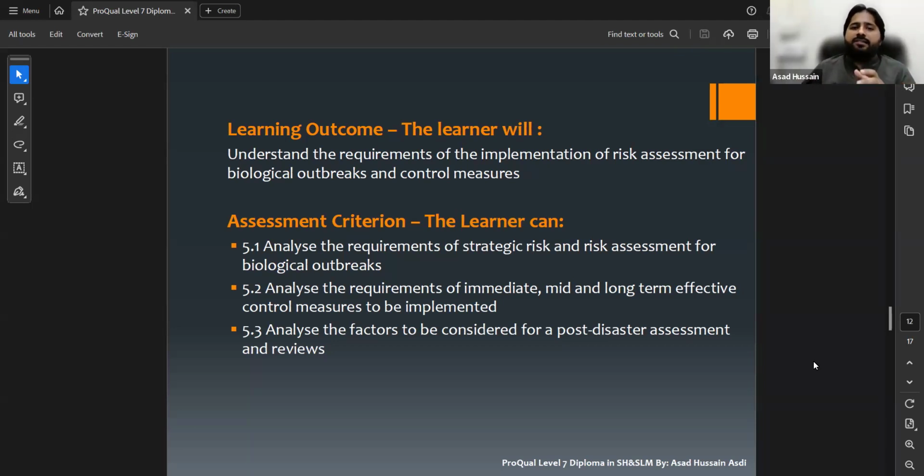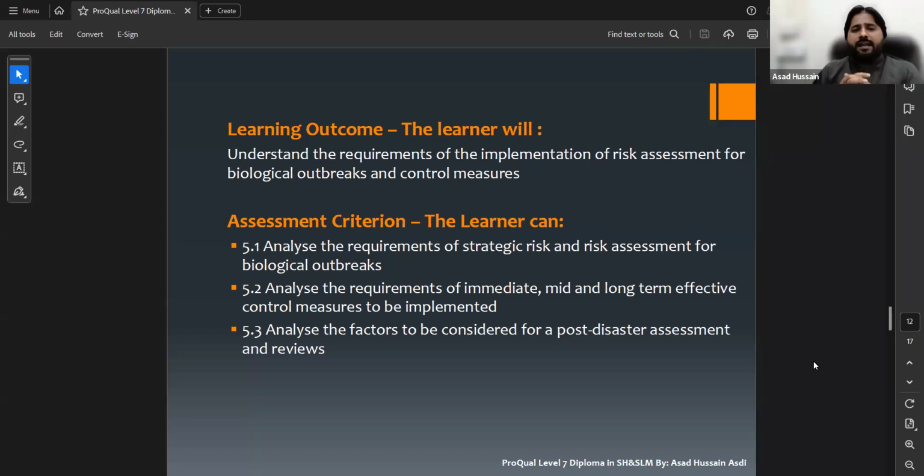In this, any evidence like an analysis performed, or strategic risk assessments your organization has performed, can be enough for this purpose.